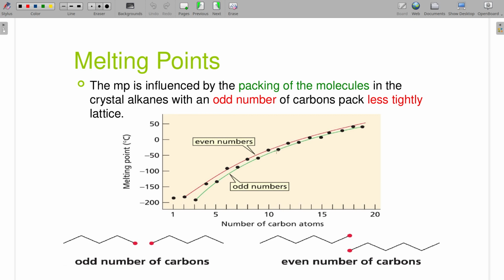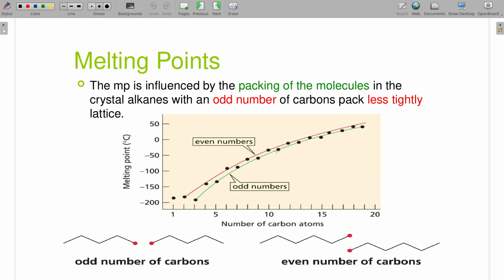Weird, huh? Alright, the reason for that is, turns out when a solid is formed, how you pack the compounds is darn important. You need to actually be able to fill up a certain amount of space very well organized. And there is a different lattice energy or a different packing stability in odd versus even.